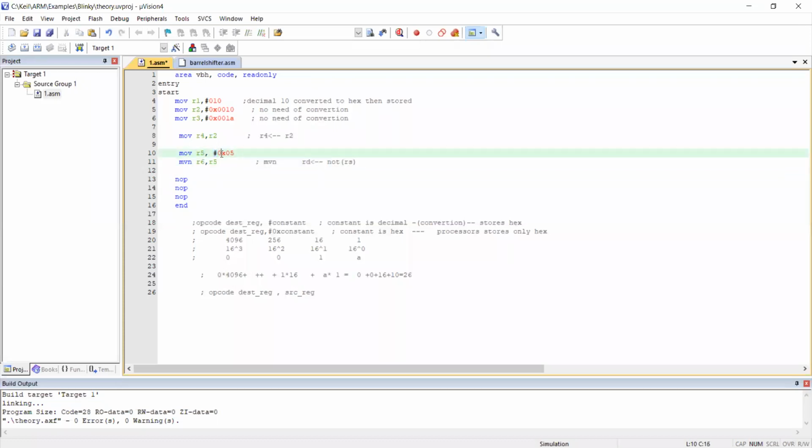Because I wanted to load a constant. Why I have used hex is I wanted to load hex 5 itself. So now for hex 5, MVN means, here I will write the definition. Move negated, or simply move complemented. So what is complemented?